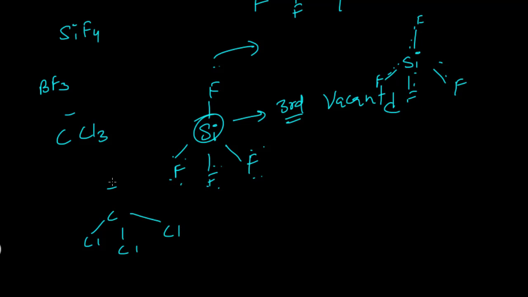CCl3 minus. If you see here, this chlorine has a lone pair, but you can see carbon belongs to the second period, so it cannot have vacant d, and it has a complete octet because 2, 4, 6, 8, so it cannot have vacant d. So you might think no vacant p or d, so there is no resonance, but there is back bonding here.